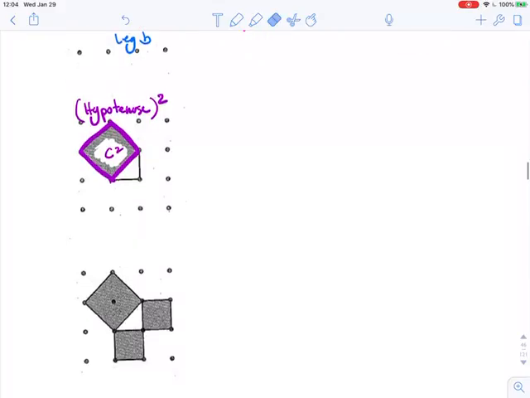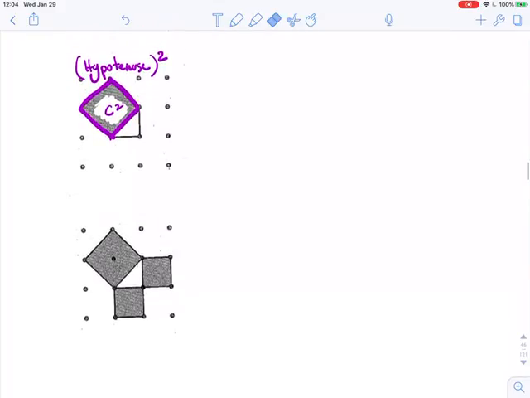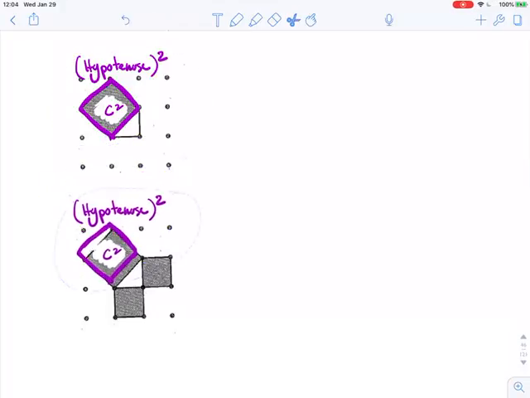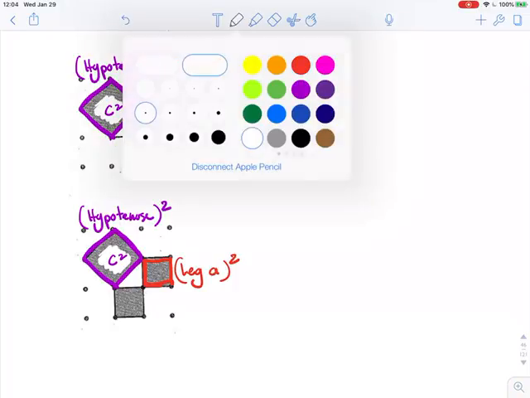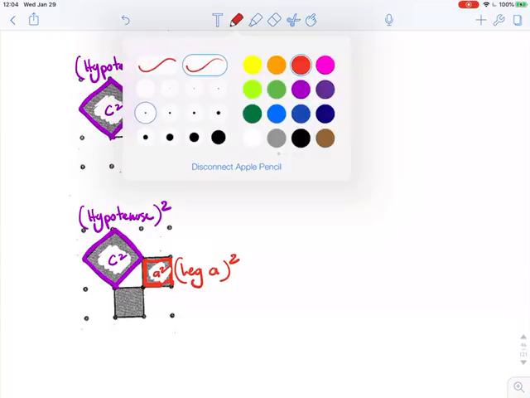On the next drawing, they have the same thing all over again, so let's copy this over here. There's hypotenuse squared. This one down here to the right, we'll call leg A squared, or simply A squared.